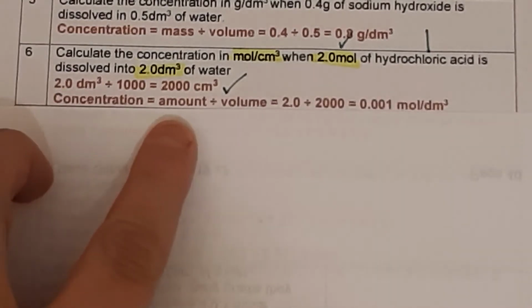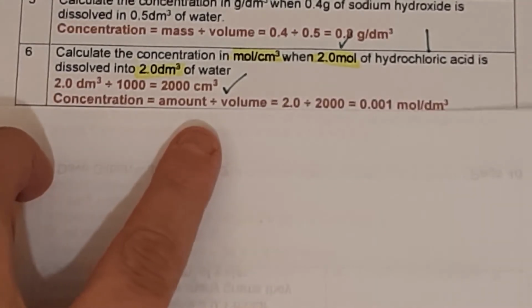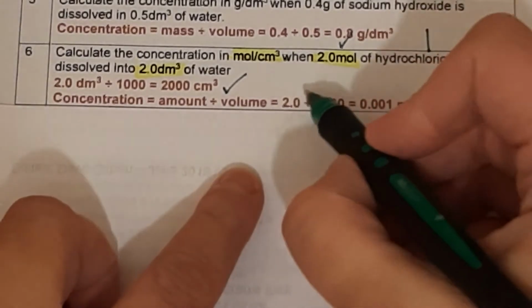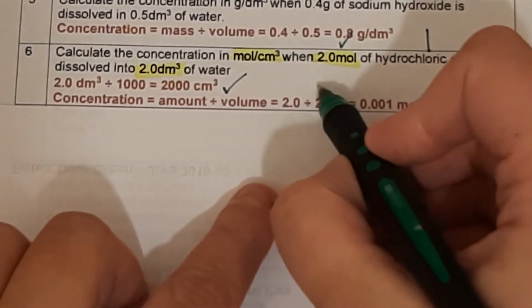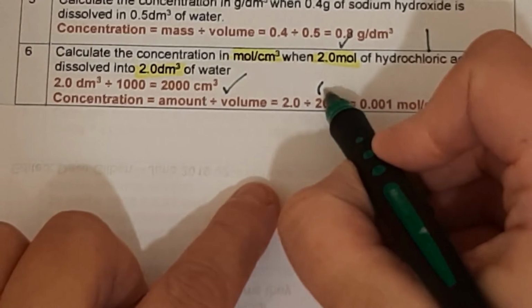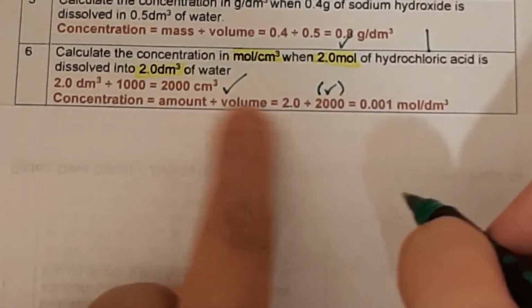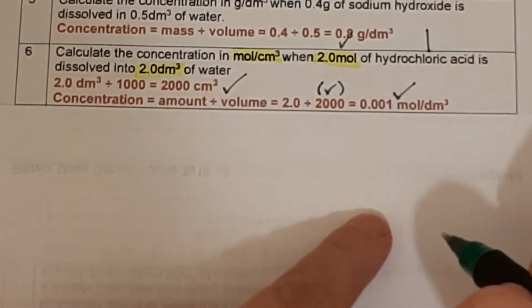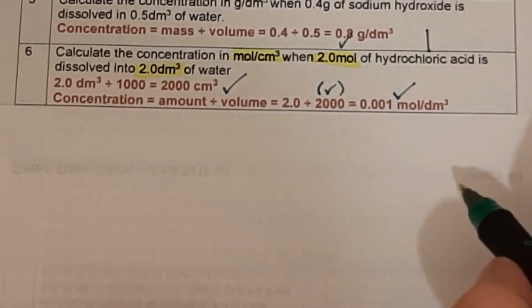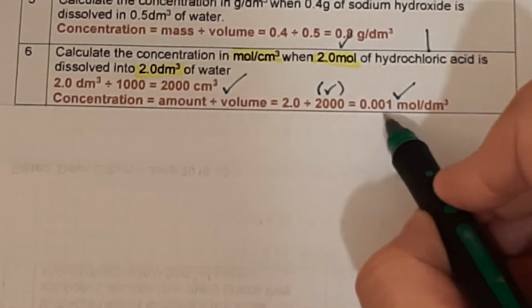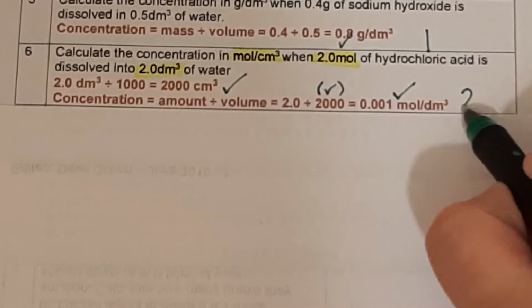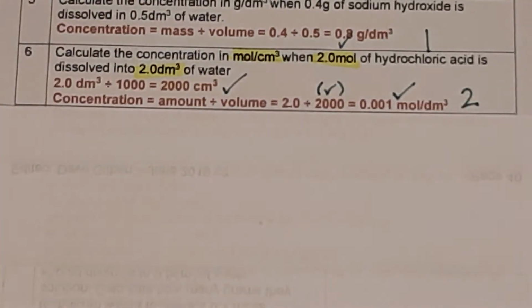Then concentration is the amount divided by the volume. So our amount is 2 moles, our volume is 2,000 centimetres cubed, and that gives us a second opportunity to get this mark. And our answer is 0.001 moles per decameter cubed. That's 2 zeros between the decimal place and the 1. And that mark is out of 2.